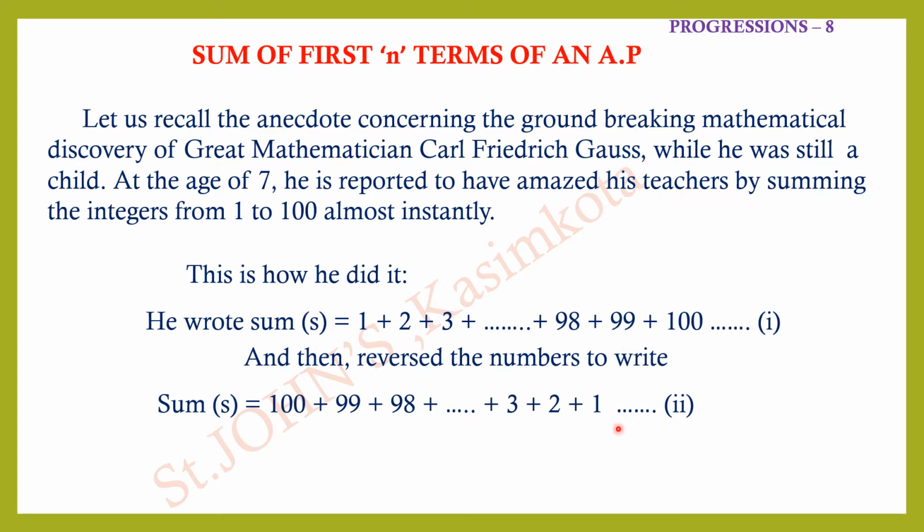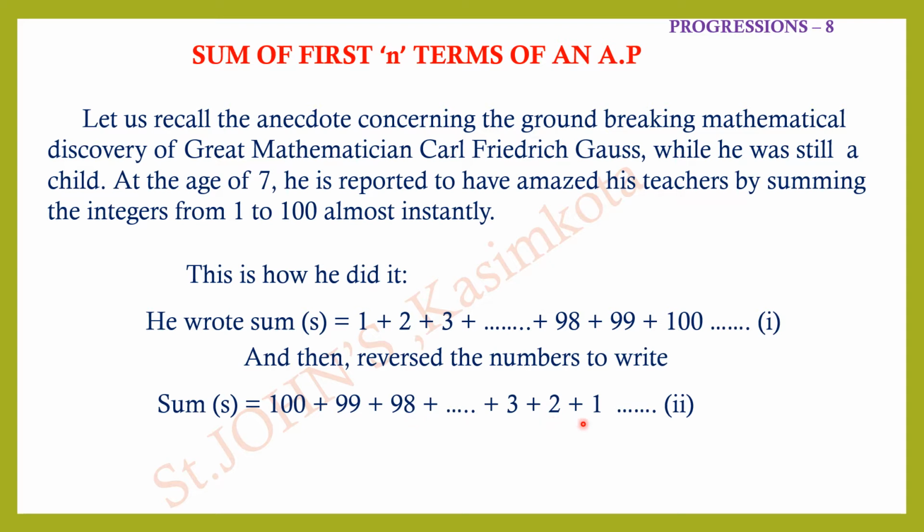Add the first and second equations. 1 plus 100 is 101. 2 plus 99 is 101. 3 plus 98 is 101. 98 plus 3 is 101. 99 plus 2 is 101. 100 plus 1 is 101. Now what do you observe? Adding the two series of 1 to 100 numbers, it becomes 101, 101, 101 and so on.